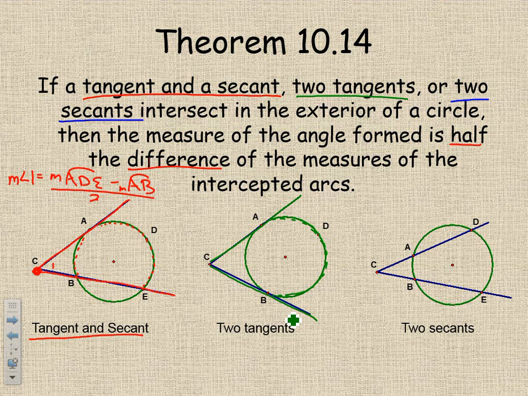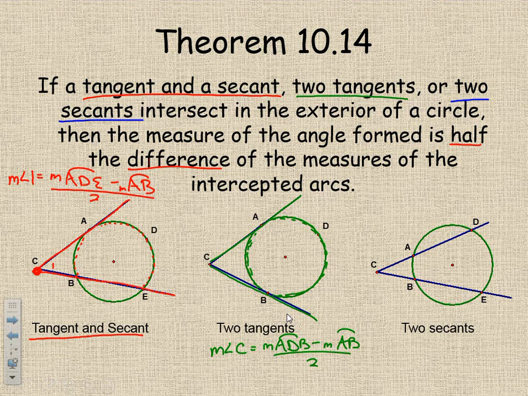So I'm going to put the measure of angle C, and you can put a 1 there if you want, is equal to the measure of arc ADB minus the measure of arc, this little guy right here, AB, and then I'm going to divide by 2, and then I'm done.